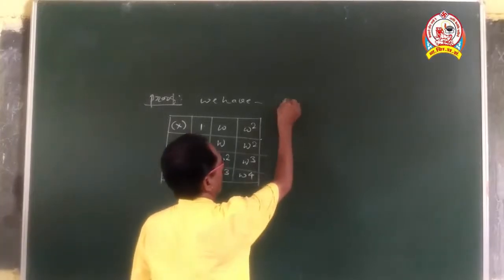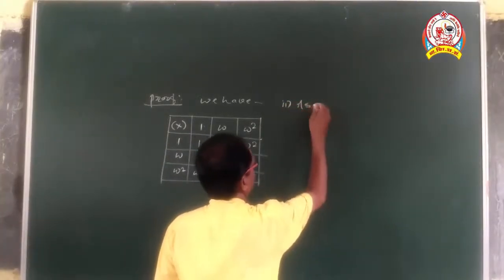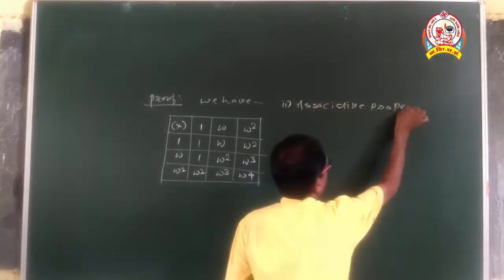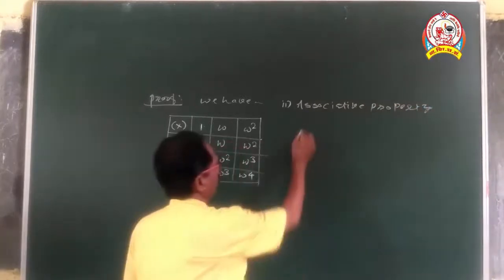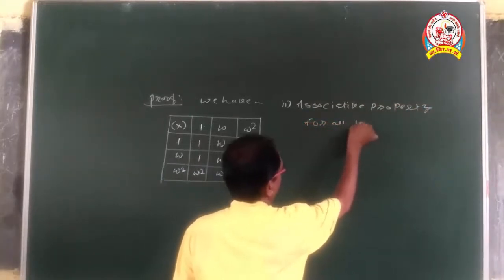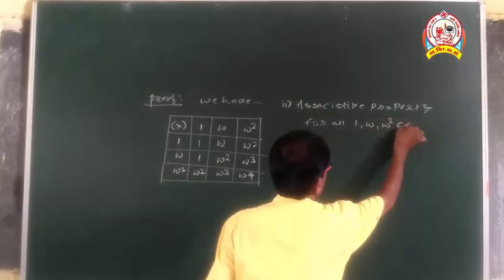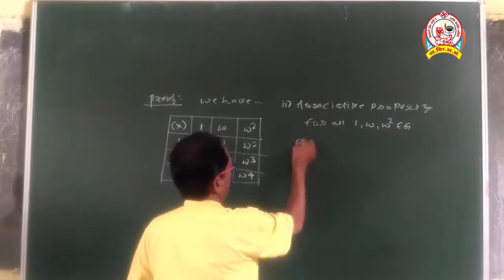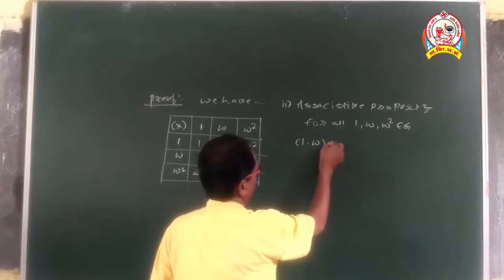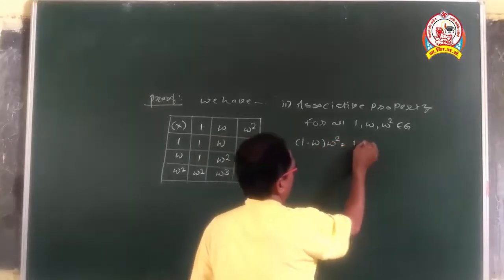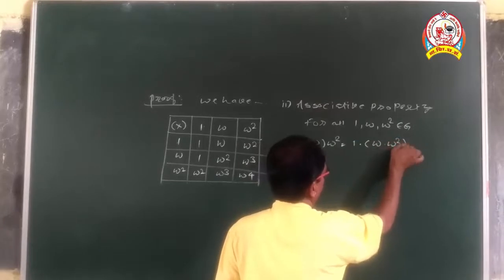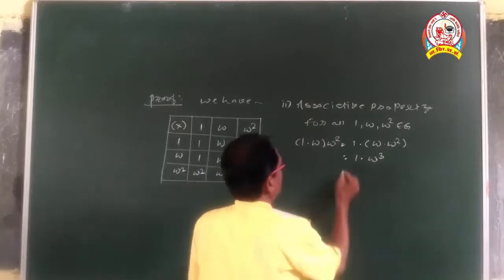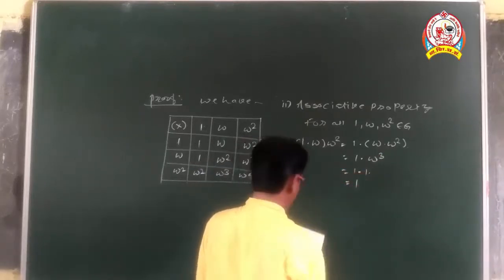The second property, associative property. By definition, for all 1, omega, omega square belongs to group G, then (1 into omega) into omega square is equal to 1 into omega square is equal to omega square, and 1 into (omega into omega square) is equal to 1 into omega cube is equal to 1 into 1 is equal to 1.